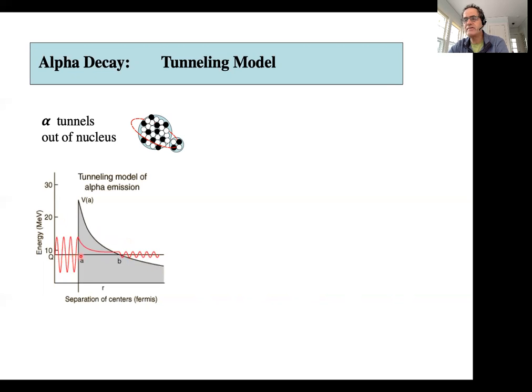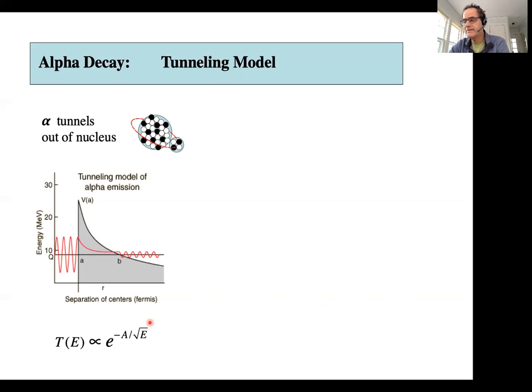And we can actually measure the energy that the alpha particle had inside the nucleus just by measuring the energy of the alpha particle that's emitted in the reaction. This is an example problem in the book, but it's not one that we're going to go through. But the result is that the transmission probability is proportional to e to the minus a, the mass number, divided by the square root of the energy, okay?